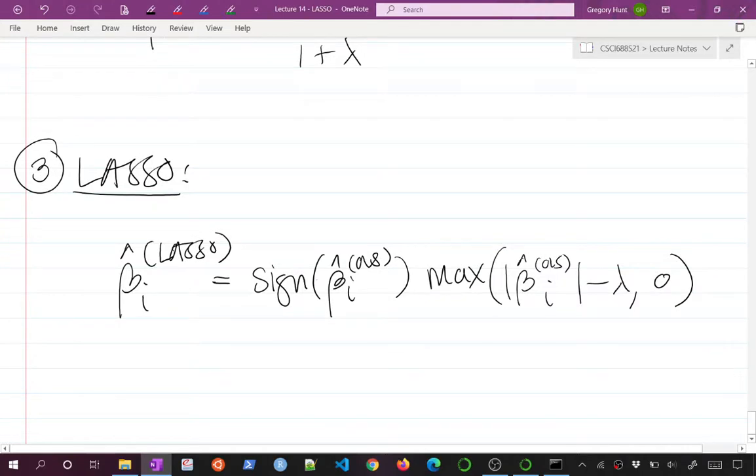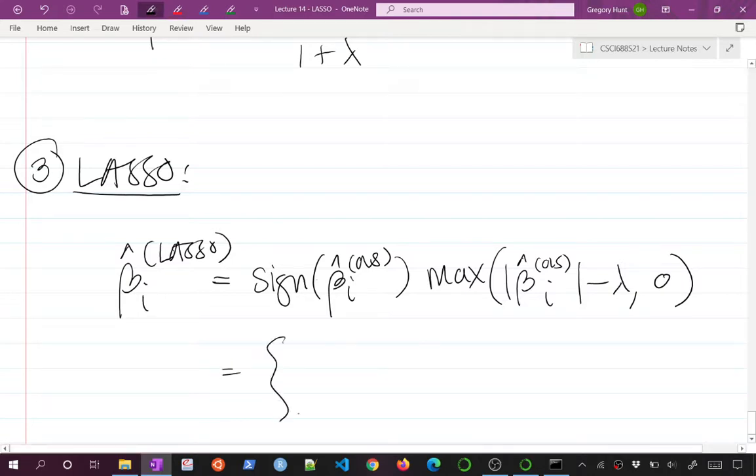That's a weird thing. But basically what it does is look at the absolute value of my beta hat and subtract off lambda. If that is less than 0, I'm going to 0 it out. If it's bigger than 0, it's going to just leave it alone.